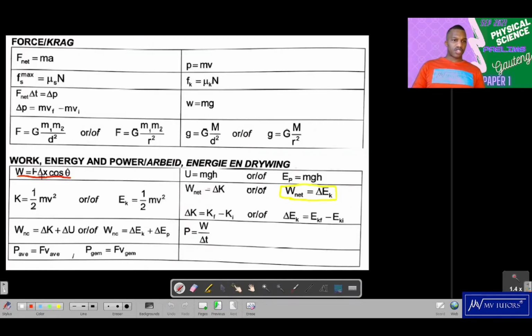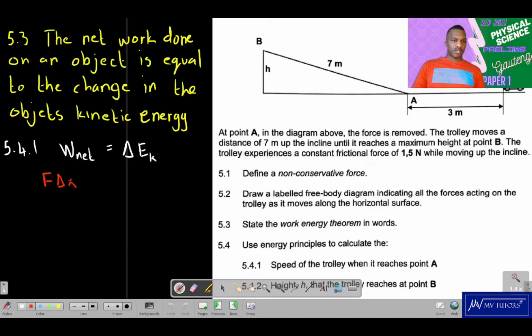It's force times change in distance times cos theta. So change in x there times cos theta. That's W net.